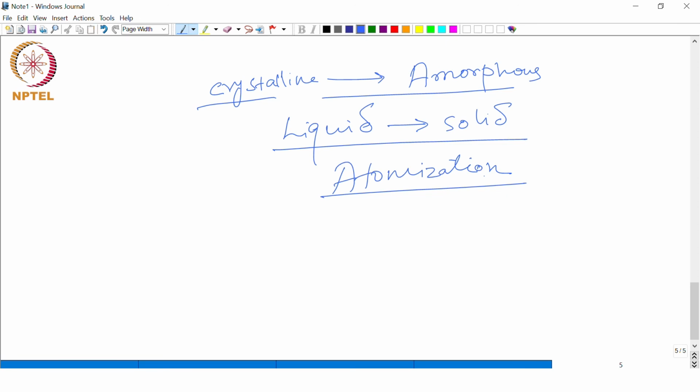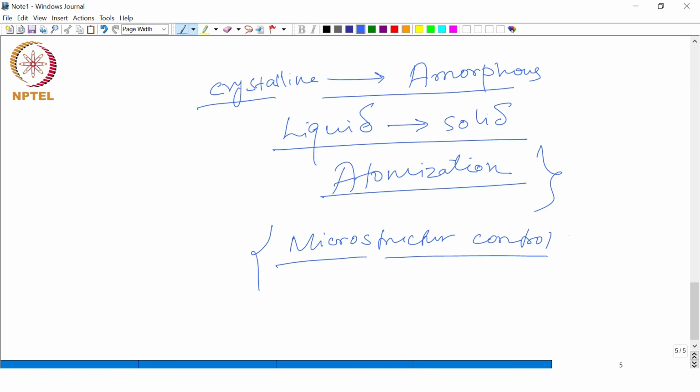Okay. So, during that solidification process, we are trying to understand how the microstructure can change, or what are the roles of the process parameters on the microstructure, so that we can exercise some control on the microstructure and generate a particular type of microstructure which is needed for certain types of properties.